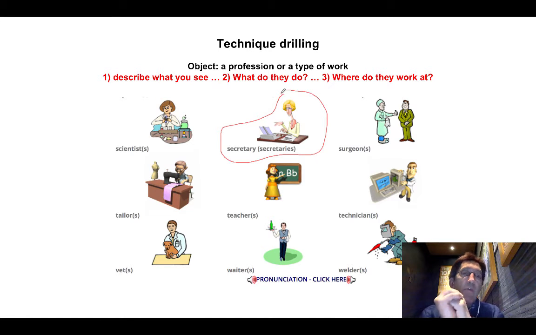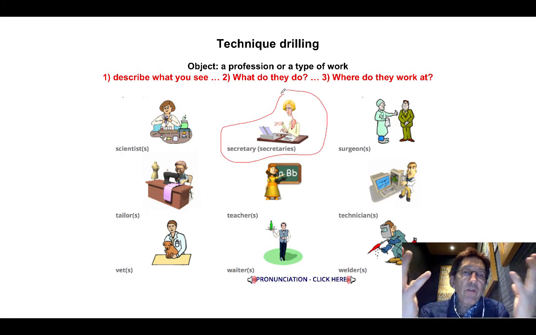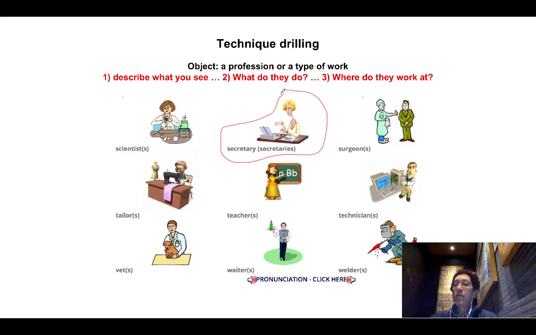Okay, go to the next picture, the secretary. Again, describe what you see, and then what does she really do? What's her main function? And then where do you see her? I see a woman, and she's working on some documents.